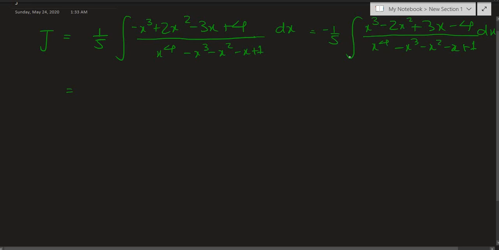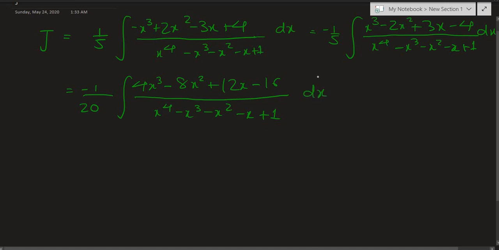Let's multiply and divide by 4, so we obtain a 4x cubed on top. Dividing by 4, we have negative 1/5 times 1/4, which is negative 1/20, times the integral of 4x cubed minus 8x squared plus 12x minus 16, divided by x to the 4 minus x cubed minus x squared minus x plus 1 dx.